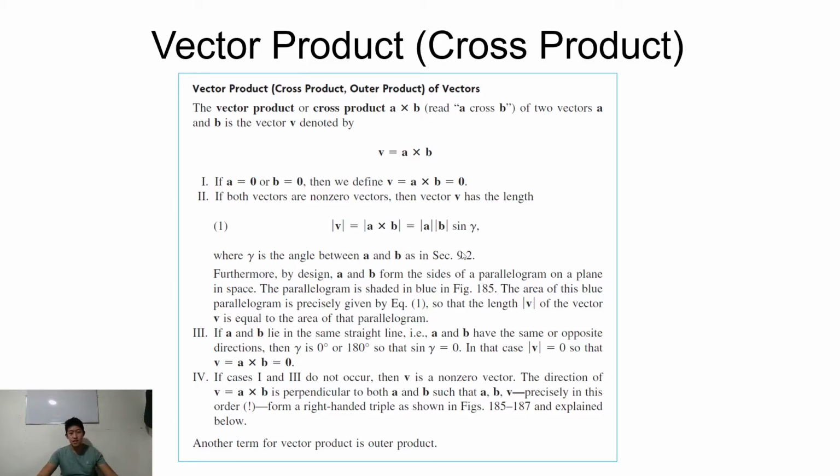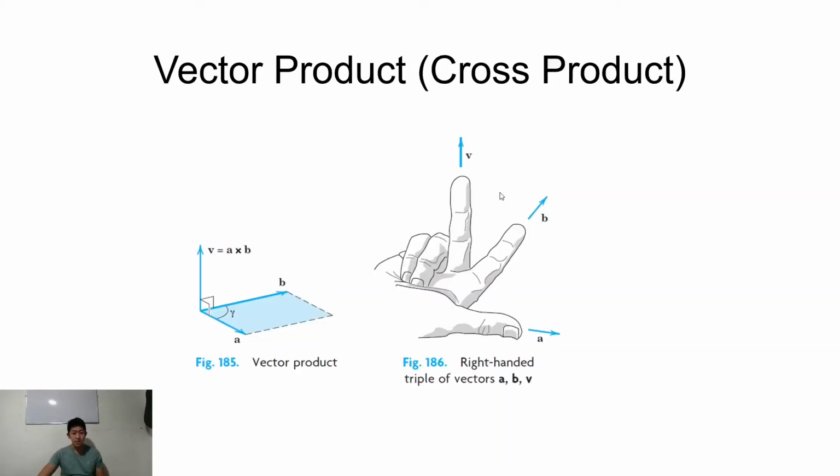The value of the cross product is the product of the lengths times sine gamma. Again, the value involves sine, so it becomes zero when the angle is 0 or 180 degrees. If the two vectors have the same direction, the cross product is 0 because they don't cross.